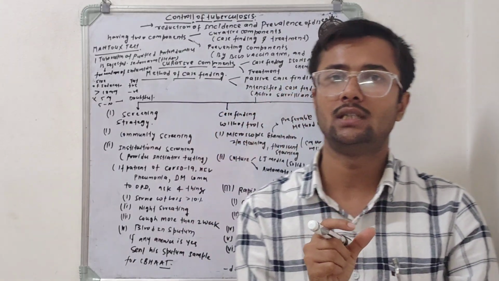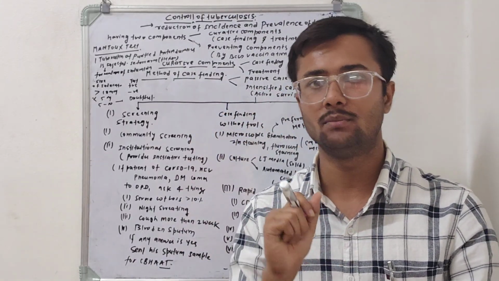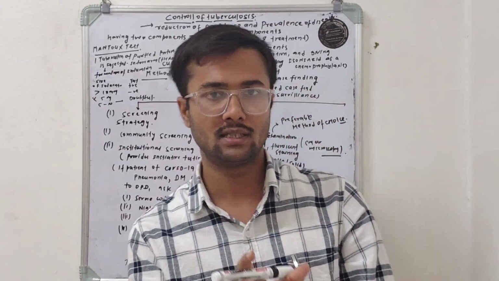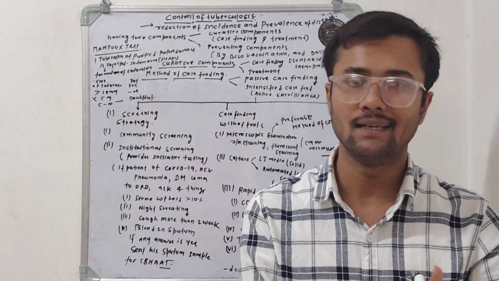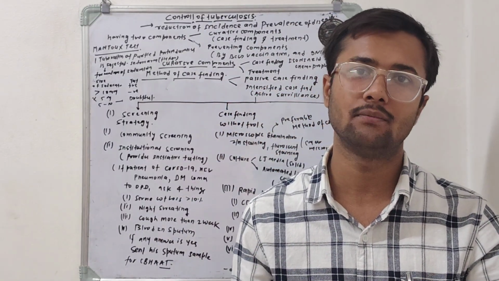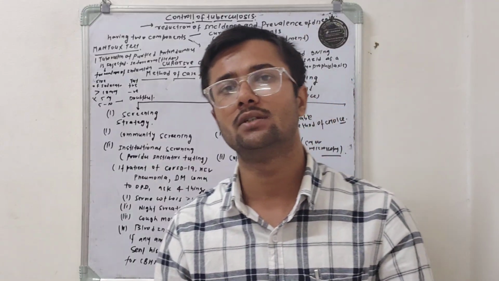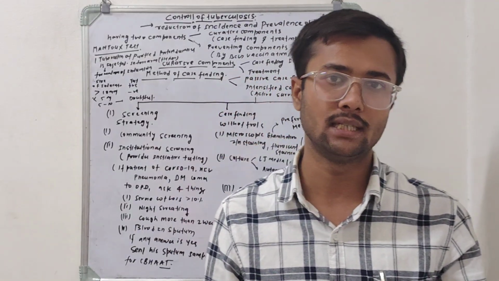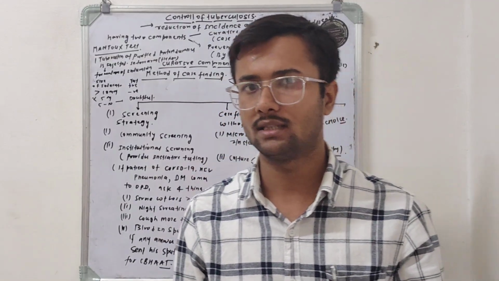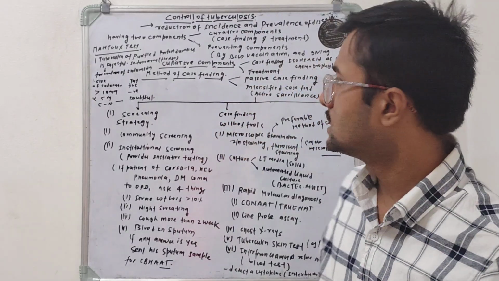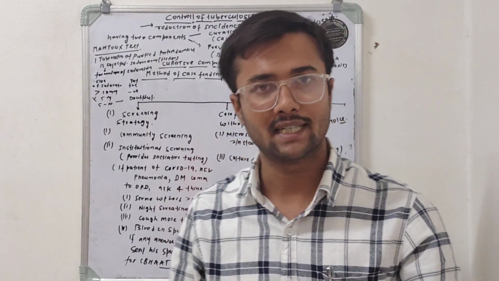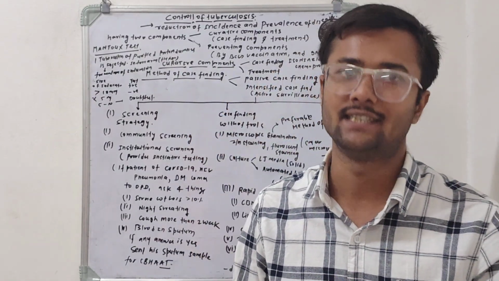If the size of induration is more than 10 millimeters, it is considered a positive case, and less than 5 millimeters a negative case. If the size of induration is between 5 and 10 millimeters, it is considered doubtful. So these are all the different methods by which we can identify the case.